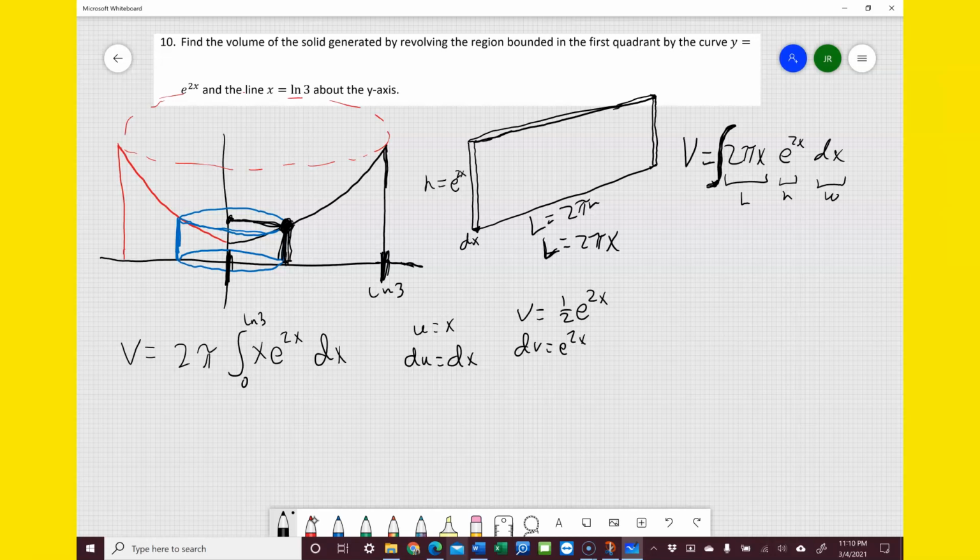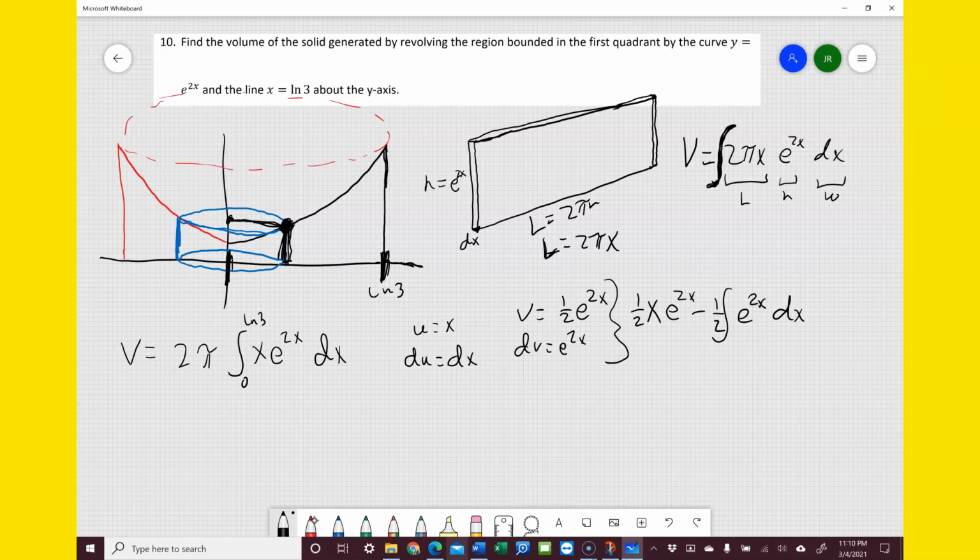So now I have uv minus the integral of v du. uv would be x times 1/2 e to the 2x, minus the integral of v, which is 1/2, I'm going to put my 1/2 out there, e to the 2x dx, and du is just dx.